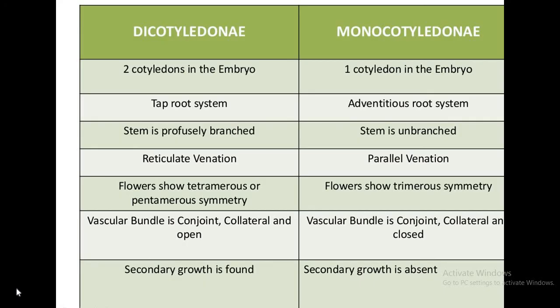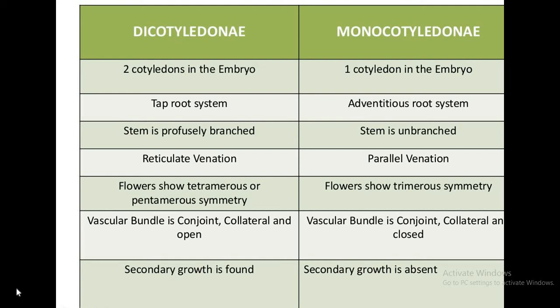Then flowers, they show tetramerous or pentamerous symmetry. Tetramerous or pentamerous. Penta means 5. So 5 sepals, 5 petals. Whereas monocots have trimerous. Tri means 3. So there the whorls are in numbers of 3. Try to remember gladiolus if you have ever observed a gladiolus flower. Gladiolus flower has 6 petals.